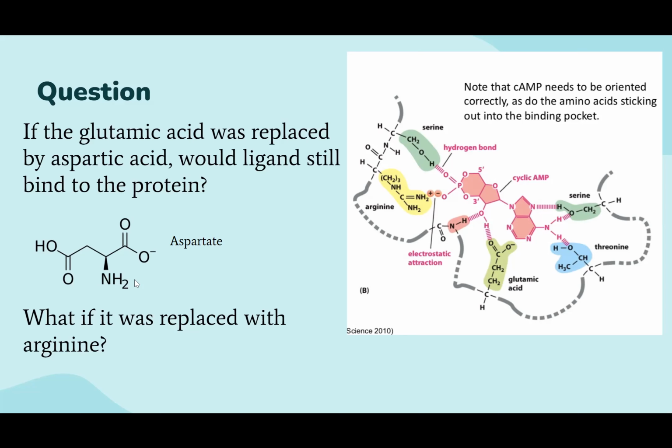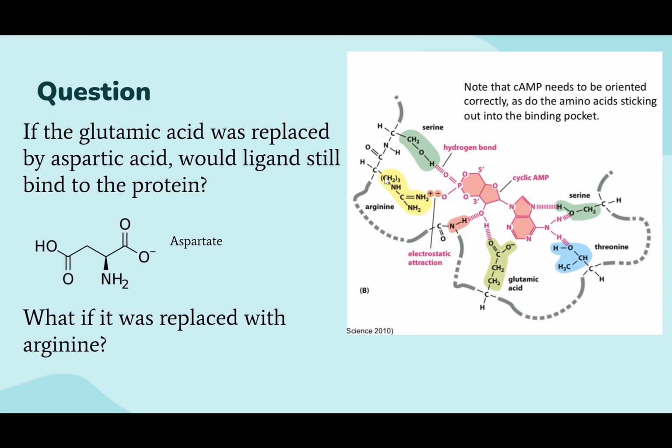But if we ask, what if it was replaced with arginine? Arginine is the yellow compound. If we look at it, sure, nitrogen can form hydrogen bonds, so they're similar in that respect to their R group chemistry. But a big difference between glutamic acid and arginine is that glutamic acid is negatively charged while arginine is positively charged.